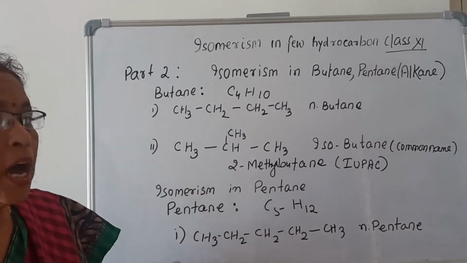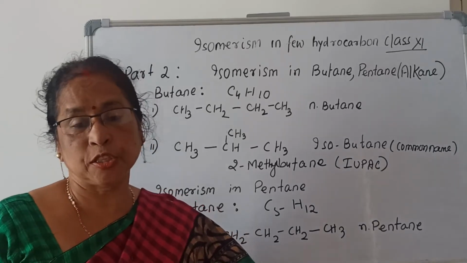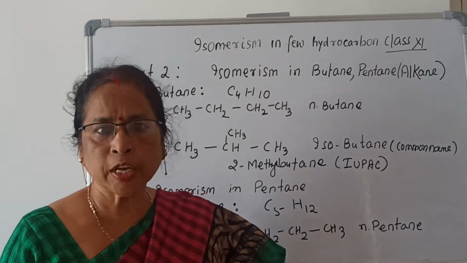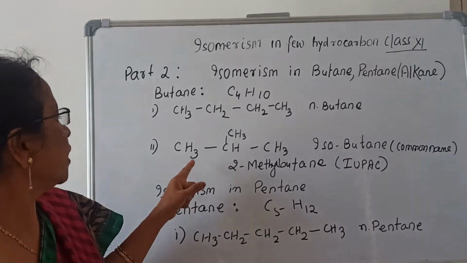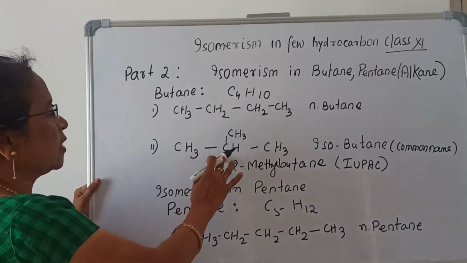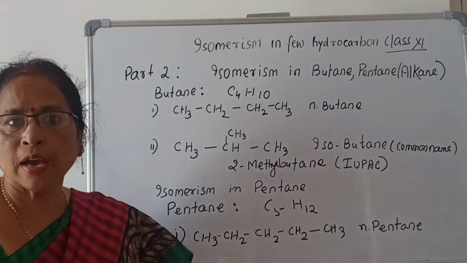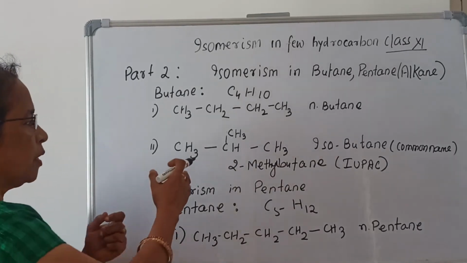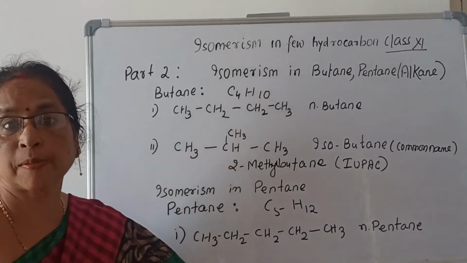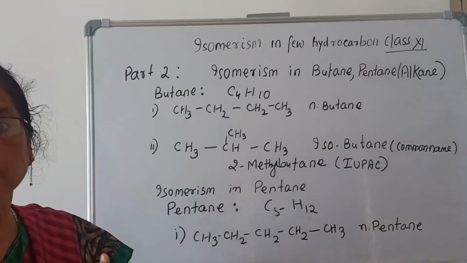Then come to the next isomer. I told you chain isomerism is possible. That is why you can see CH3, CH, CH3. It is only a hit and trial method where we check everywhere whether the carbon is satisfied by 4 valencies or not.